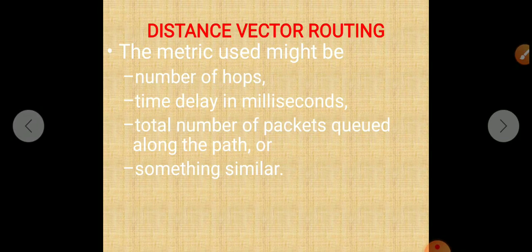In distance vector routing, what are the major metrics used? First one is the number of hops. I told you already what is meant by hop. When a packet is moving from source router A to D, for example, the intermediate router is B. If I have given a packet a hop count of 2, when the packet moves from A to B, 1 hop count is reduced.